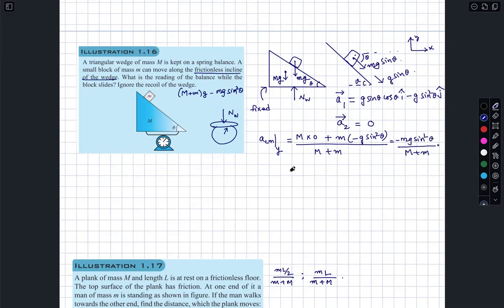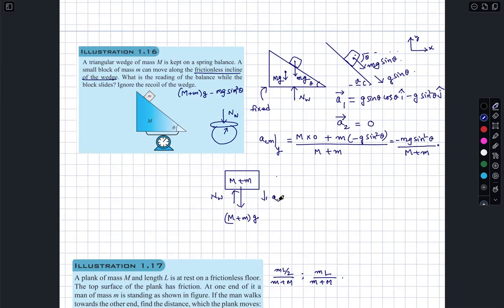Right. Now you know ACMY. Now, as a whole, you take this as a system. This is capital M plus small m. The system will experience capital M plus small m g weight, and the system will experience N wedge.